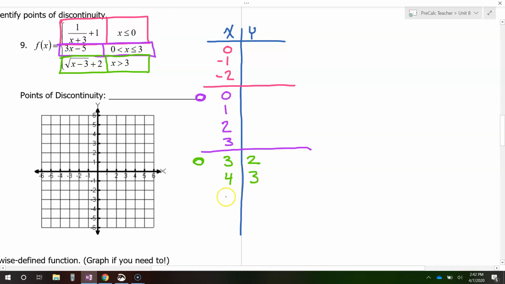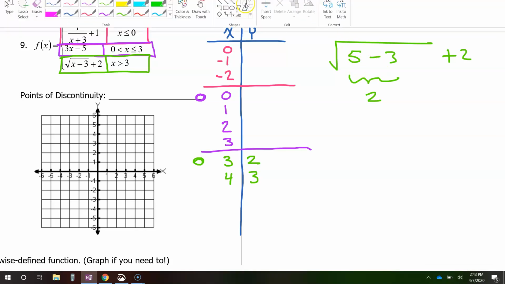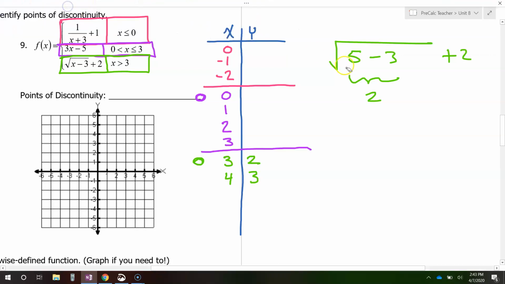Now, I'd really like one more value, but I really don't want to have a decimal. If I put 5 in here, then I'm going to have the square root of 5 minus 3, and then plus 2. But 5 minus 3 is going to be 2. And I don't know how to take the square root of 2. Like this, that's going to be a crazy decimal. So instead, what can we easily take the square root of?